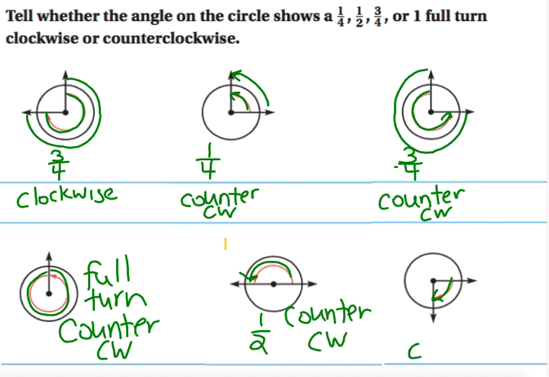So I know that's going to be clockwise, but I don't know how much. Well, this shows right here 1/4. This is 1/4 turn. All right, so it takes a little practice, okay, but this is how we tell whether the angle on the circle shows a 1/4 turn, half turn, 3/4, or 1 full turn.